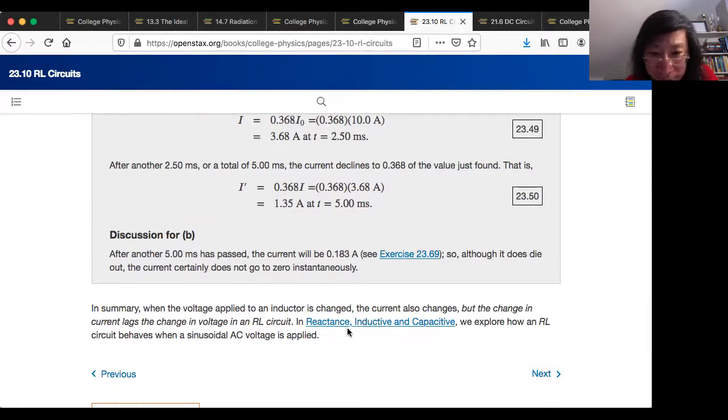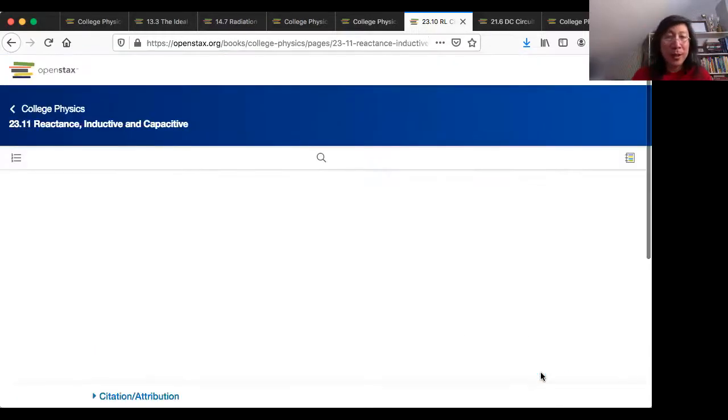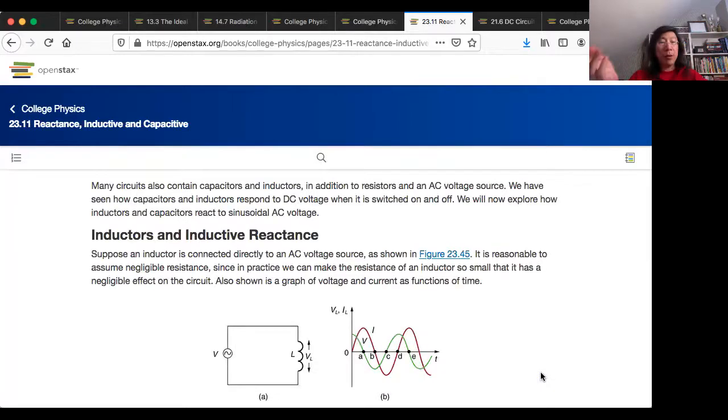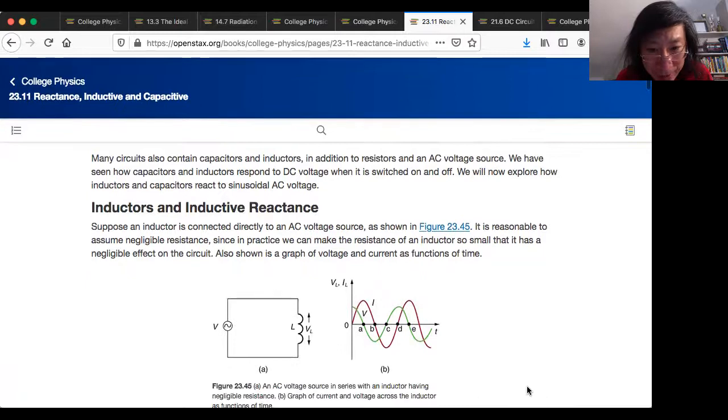Now, instead of doing an RL circuit in a direct current circumstance, which is described here, what happens in an alternating current? That's the thing that we plug our devices into the wall, right? Remember what inductors do, right?